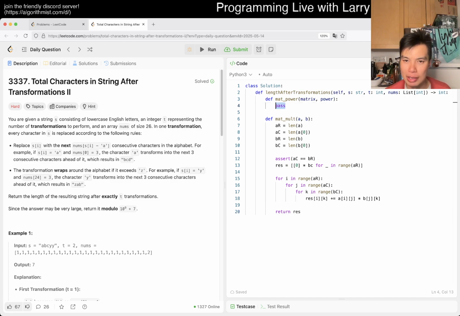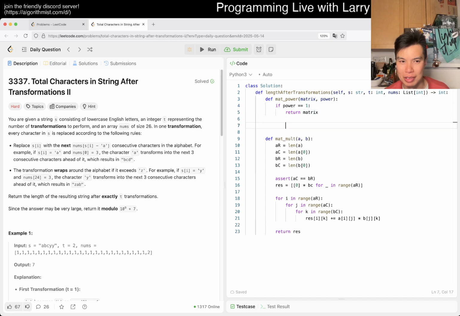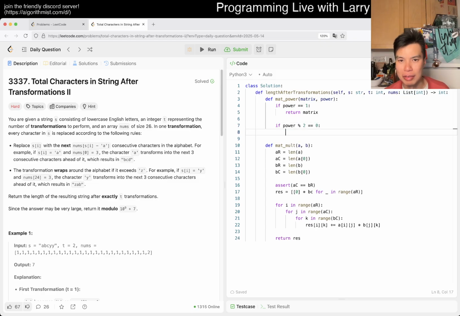And then matrix power, as I said, is just divide and conquer. It's the matrix exponentiation. Am I saying that wrong? So if power is equal to 0, return matrix. No, technically you want the identity matrix, so let's just say power is equal to 1. Otherwise, if power mod 2 is equal to 0, then we return mod of matrix power divided by 2.